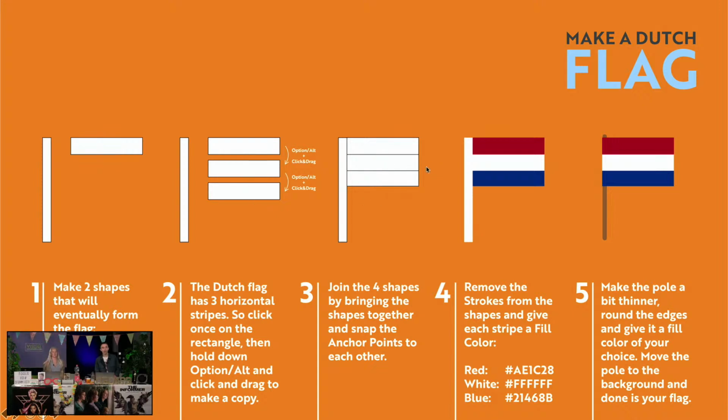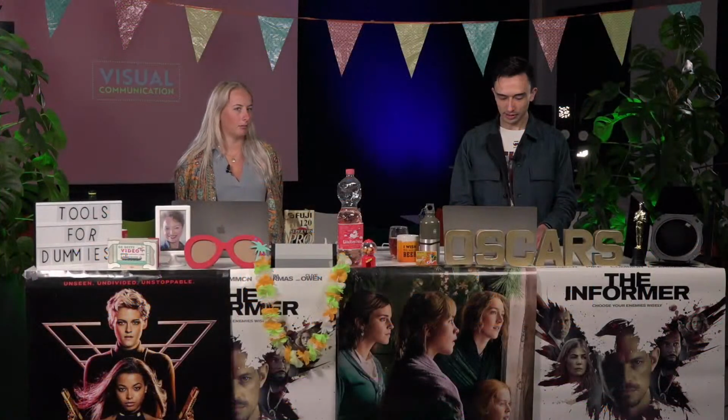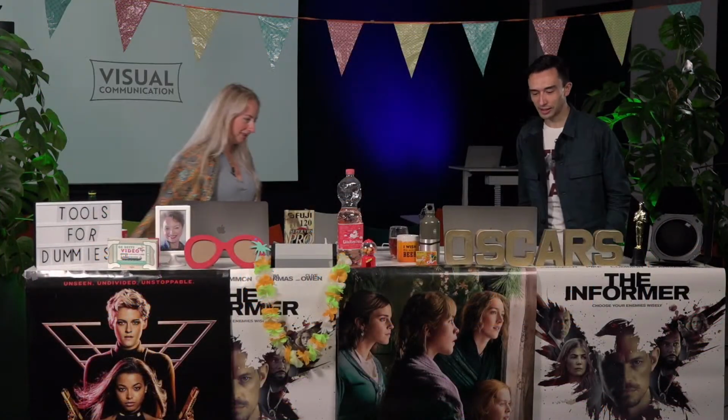Then we combine the rectangles, and we give two of them a different color, namely the red, white, and blue of the Dutch flag. Then afterwards, we round up the corners and give the flagpole this brown color, and done is your flag. So let's take a look at how we can make that. Should I make the flag and you the block of cheese? Yeah, of course, please take my computer.